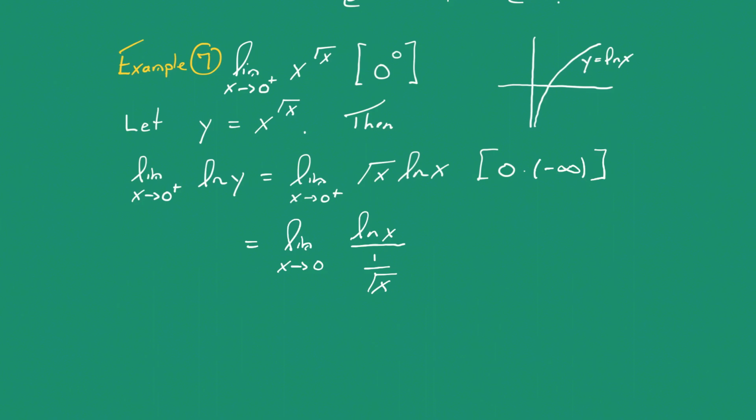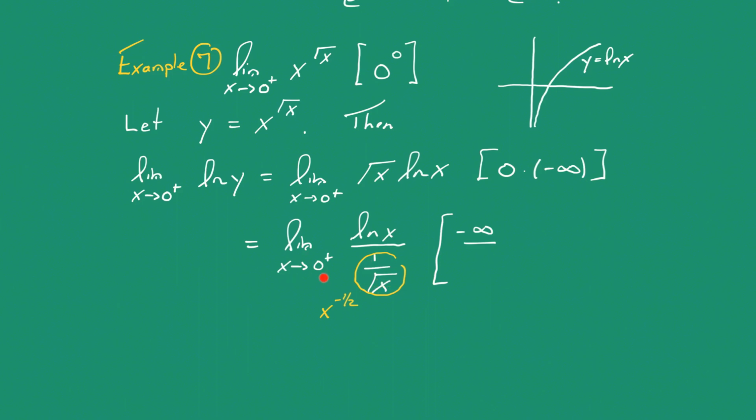Let's just notice that 1 over root x can be written as x to the minus 1/2 for the purpose of differentiating. Well, why would I differentiate? Well, the reason is because looking at the new limit, as x tends to 0 from the right, log x is still tending to minus infinity, and 1 over root x, what happens to that?